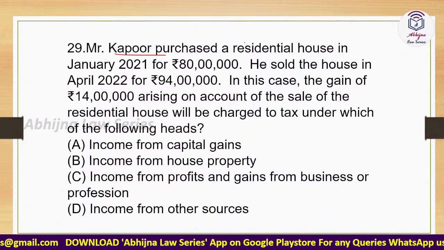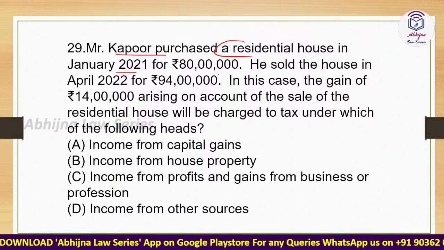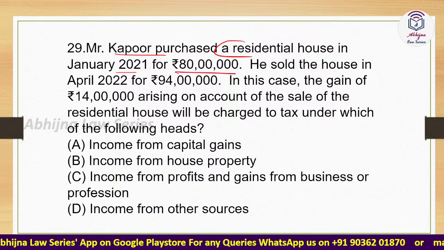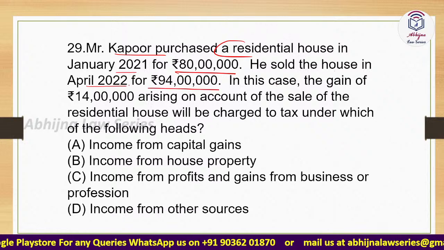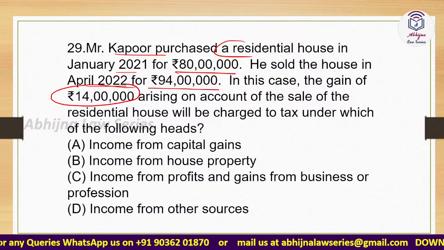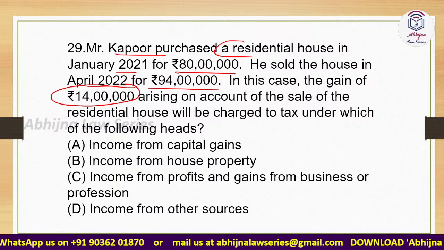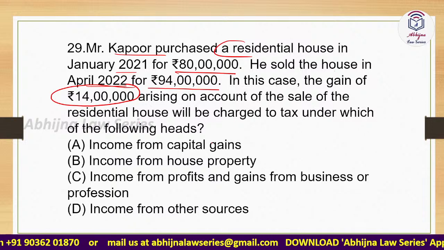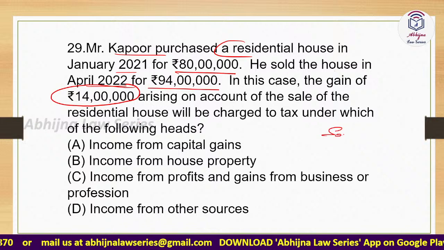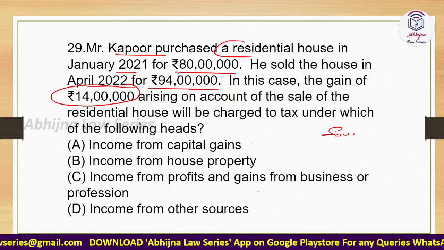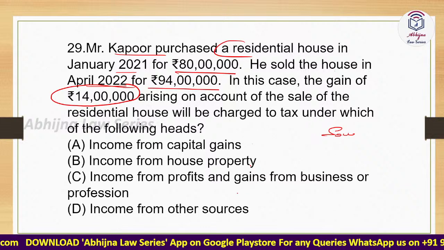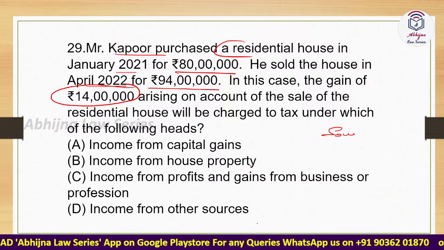Next one, Mr. Kapoor purchased a residential house in January 2021 for 80 lakh. He sold the house in April 2022 for 94 lakh. In this case, the gain of 14 lakh arising on account of the sale of the residential house will be charged to tax. We have different sources of income: income from house property, income from salary, income from capital gains, income from business, and income from other sources.